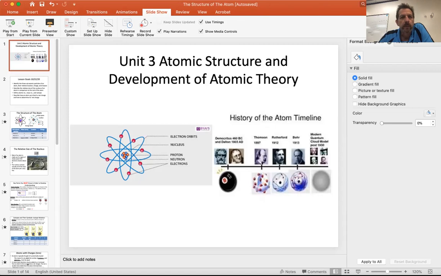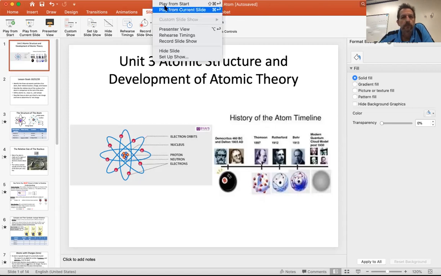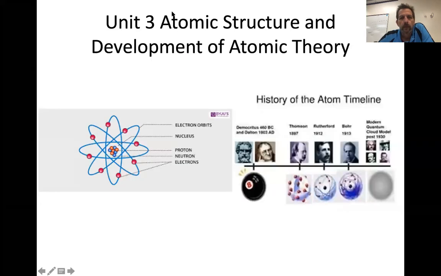So let's make this maybe just a little bit larger for you. Okay, so like I said a moment ago, our goals for this lesson are to speak about the structure of the atom, which I think many of you will recall that you've seen before, and then develop a little bit of a historical perspective about how we know some of the things that we actually know about atoms.